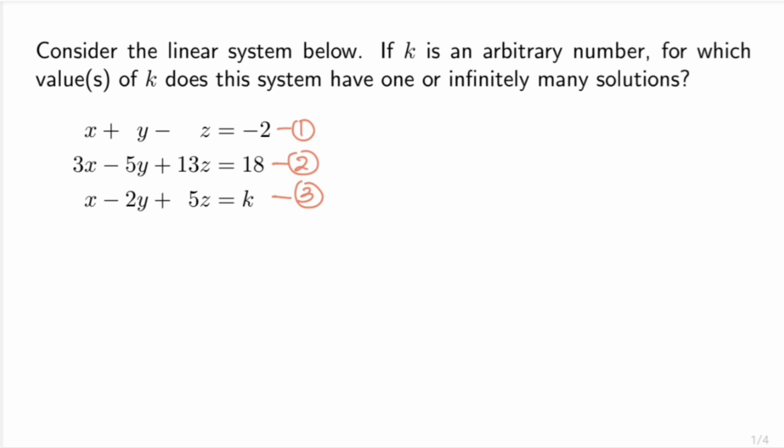2 and 3. So if we subtract 3 times equation 1 from equation 2, what do we get? So equation 2 minus 3 times equation 1. What does that give us? Well, that gives us 3x minus 3x. So the x goes away. Then we get minus 5y minus 3y.